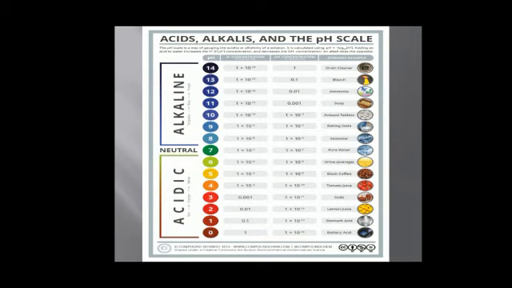Now look at the image. This is the chart with the heading acids, alkalis and the pH scale. Alkalis are water soluble bases. Acids and alkalis can be determined by using another synthetic indicator which is known as pH scale or universal pH indicator. pH mathematically can be defined as the negative logarithm of hydrogen ion concentration.